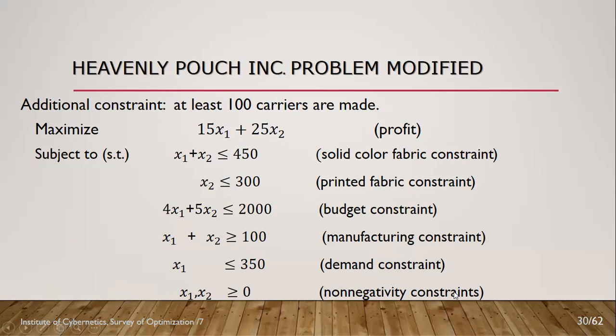Now we add one more constraint, which relates to the number of carriers allowed to be made: at least 100 carriers can be made. This constraint is expressed as a new inequality included into the model, x sub 1 plus x sub 2 greater than or equal to 100. Recall that this inequality sign refers to the words at least.